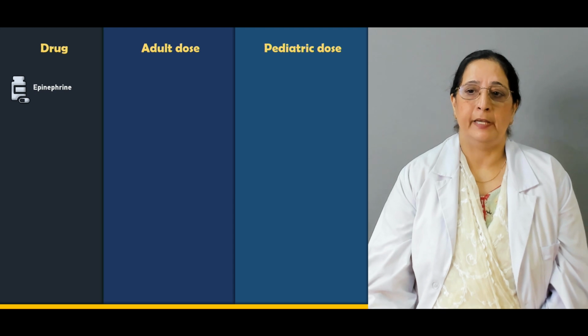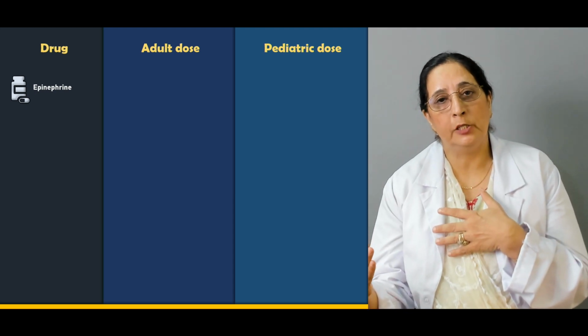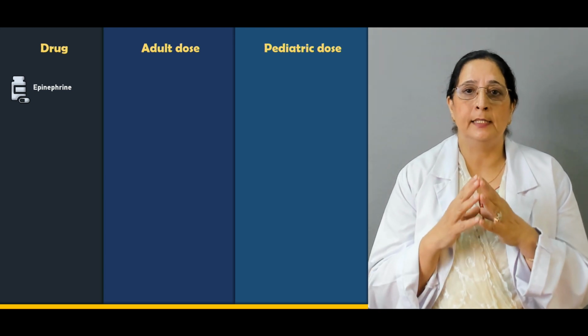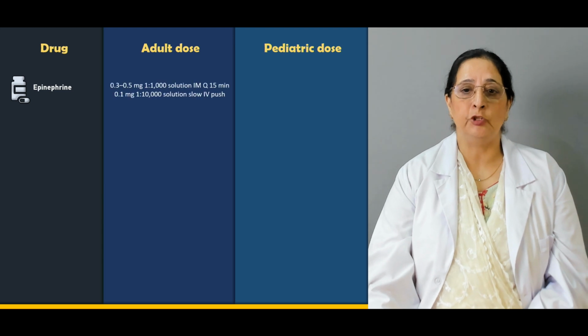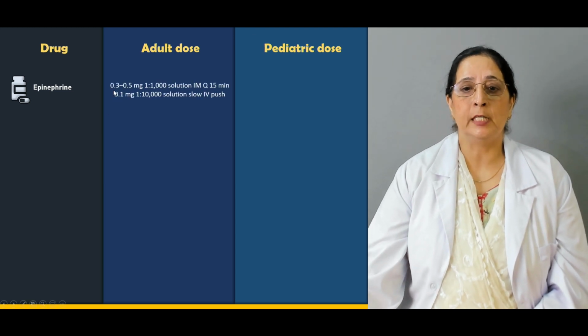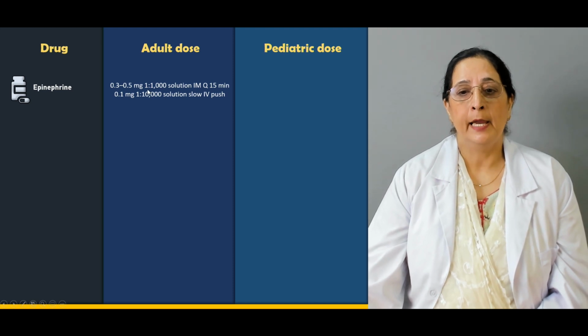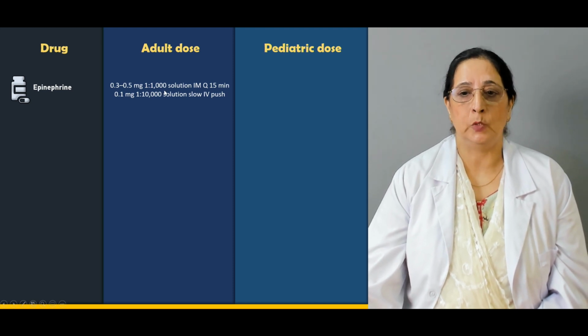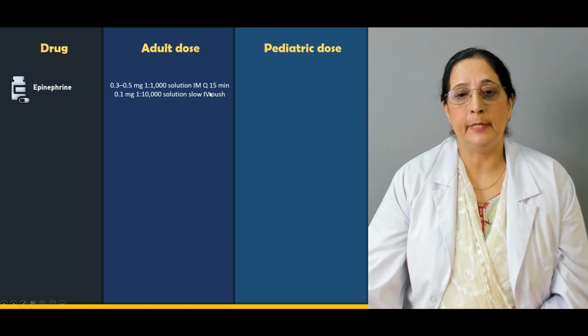Next, epinephrine. What's the drug we use for anaphylaxis, and what's the dose of that drug in adults and in children? So epinephrine is the drug. The adult dose is 0.3 to 0.5 milligram in 1:1000 solution intramuscularly every 15 minutes.